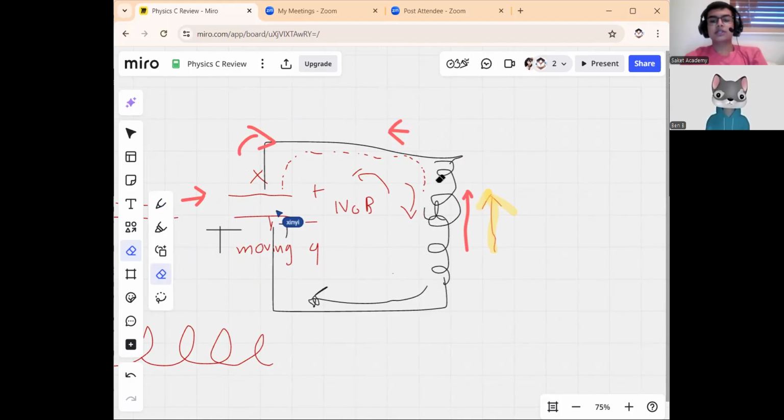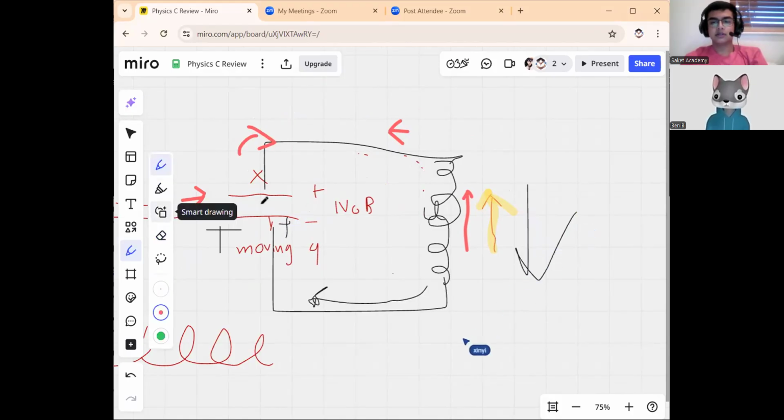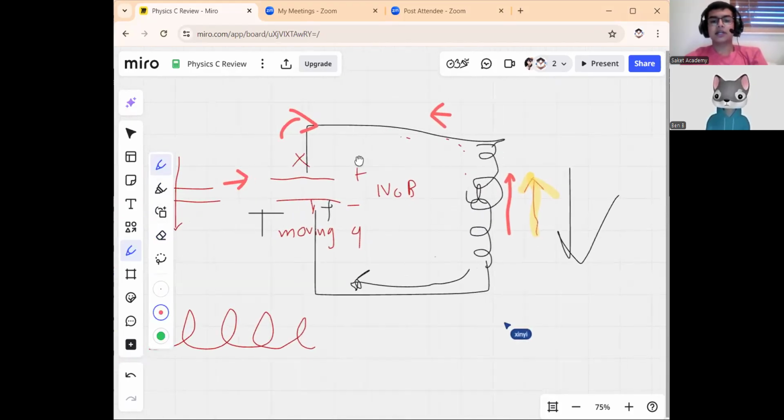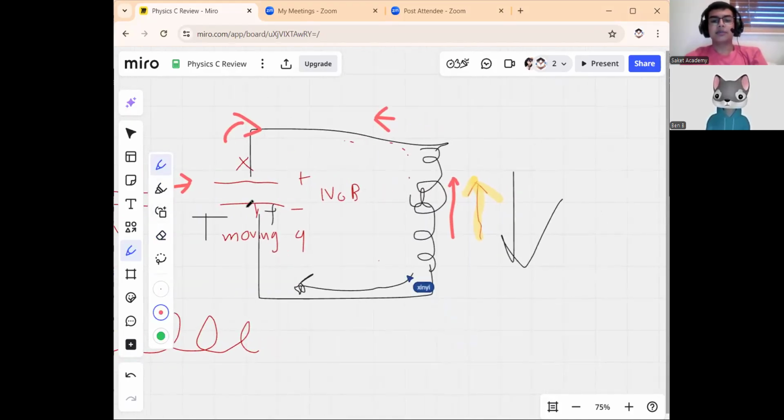The inductor just wants there to be no change in current. But that's initially, right? After a long time, it acts like a wire, but then nothing really happens because in this state you have a capacitor and essentially a wire, so you just have a short circuit.